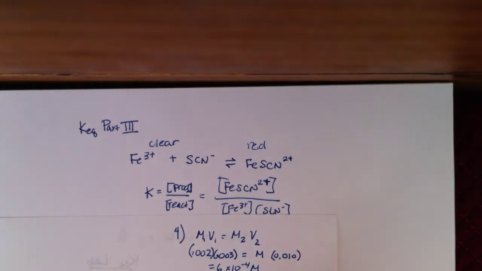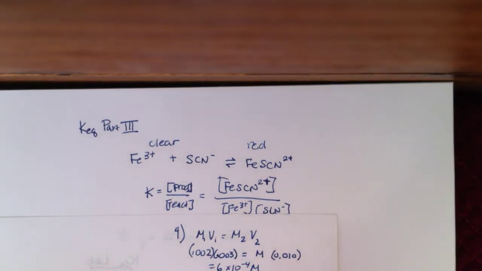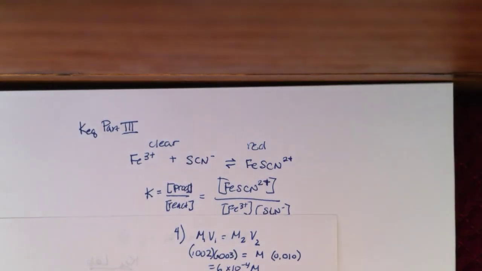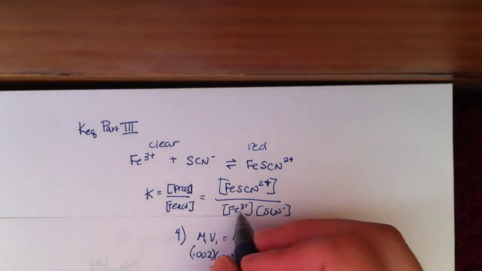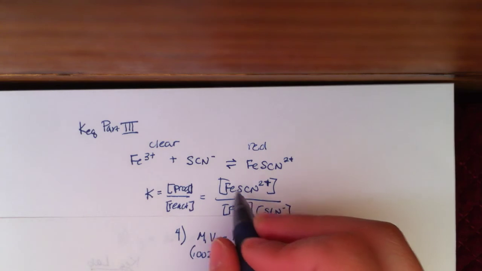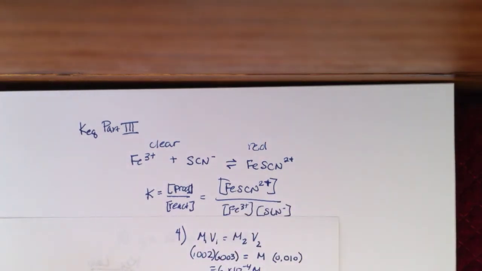So that's what we started out with before the reaction happened. When we added the thiocyanate, some of this iron got used to make the iron thiocyanate.